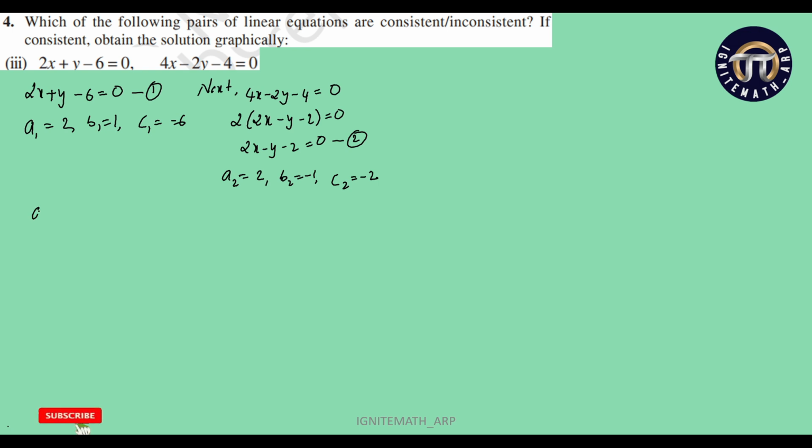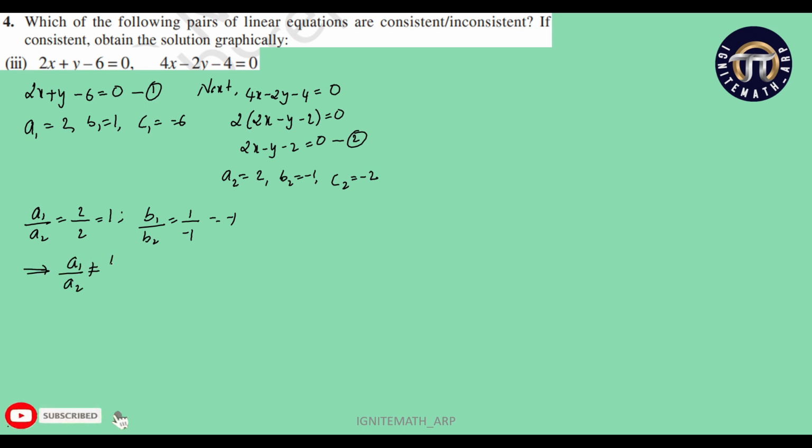Clear? So now I'll find A1 by A2. That is 2 by 2 is equal to 1. B1 by B2 is 1 by minus 1, so I'll get minus 1. What does it mean, children? Here A1 by A2 is not equal to B1 by B2.